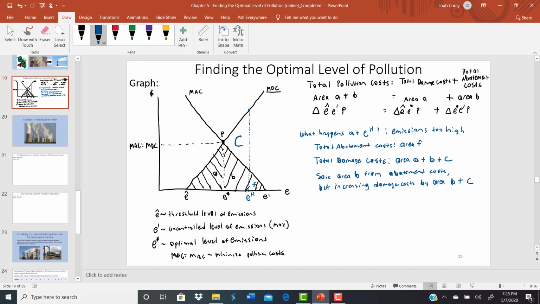So again, we're going to be much better off from society's perspective at E star than if we were at EH. Now, what happens if we are at a lower level of emissions? Right, we'll call that EL.